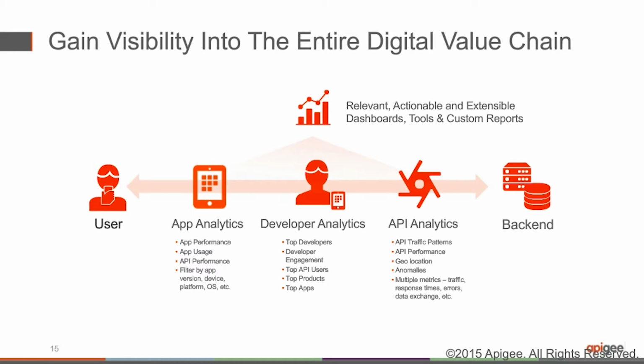Then, shifting out to developers who are engaging with you and using those APIs, you understand who the top developers are and how much engagement they have, how many apps they have built, and how much traffic those apps are driving into your system, so that you can provide them additional capabilities, or engage with them more effectively, to allow them to build out better applications, as well as look at offering monetization programs so that you can not only make your APIs available, but at the same time start creating a business around those APIs as well.